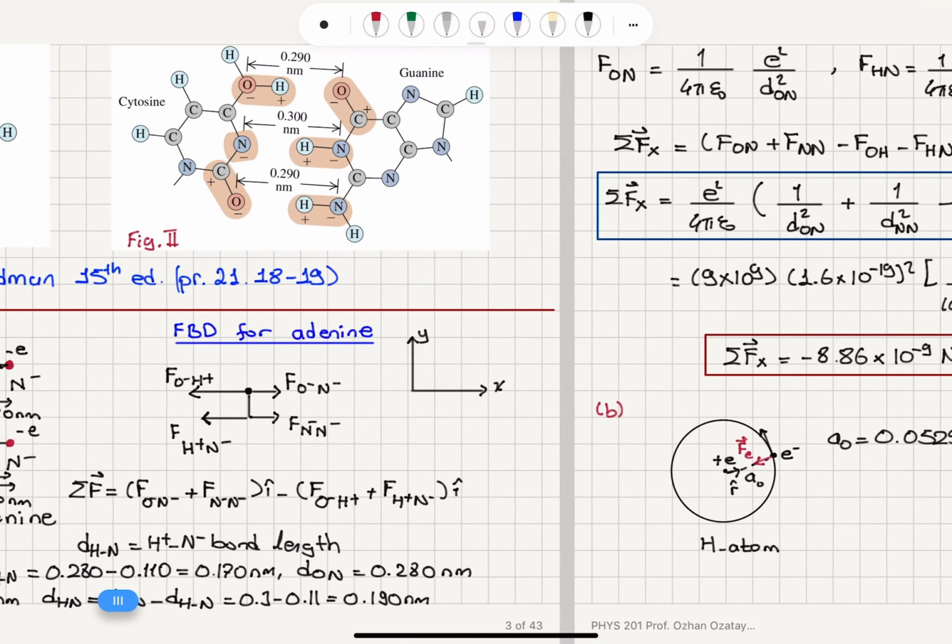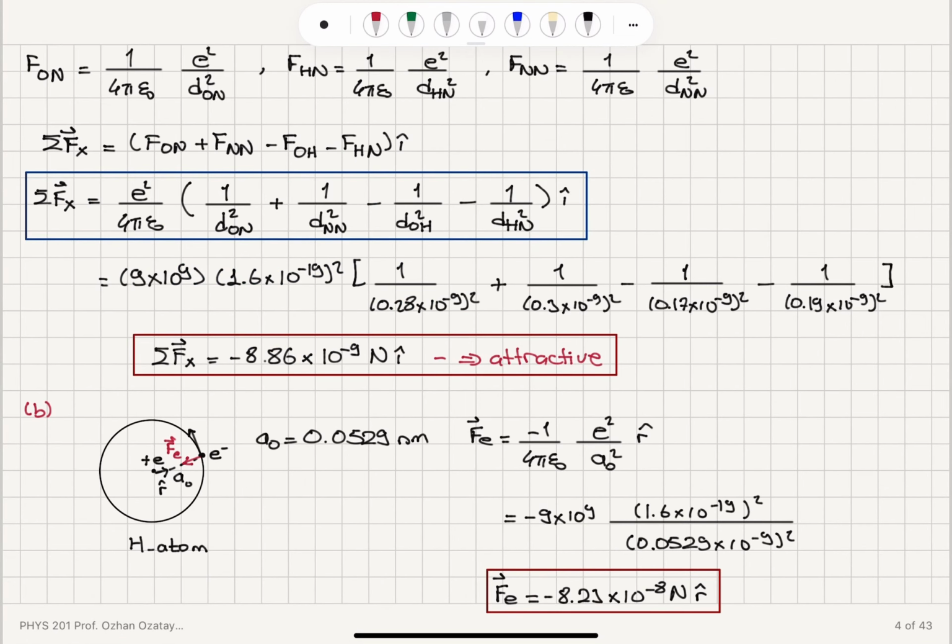And then we have written all of the force components in terms of Coulomb's law, kQ squared over r squared. And when we substitute the numbers that we obtained, we have an attractive interaction, a negative net force of minus 8.86 × 10^-9 newtons.